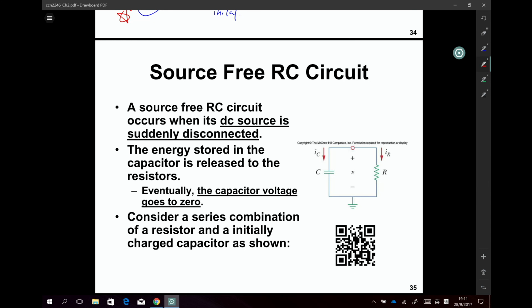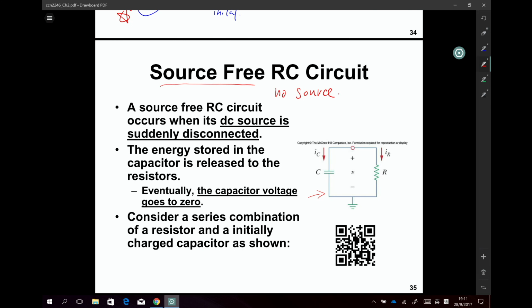Now we firstly show how we can solve our first order differential equation. The first problem we face is the source-free RC circuit. The meaning of source-free is that you do not have any sources inside your circuit. We say that the DC source is suddenly disconnected, just like this one. You cannot find any DC source inside.